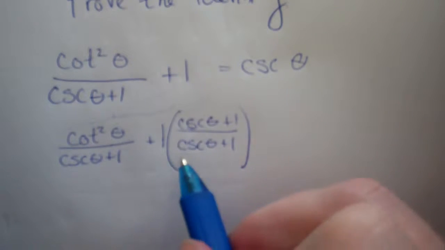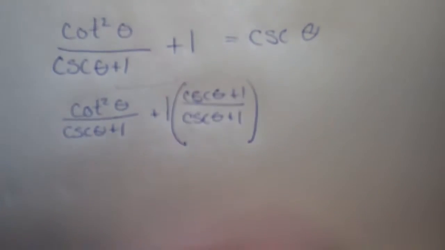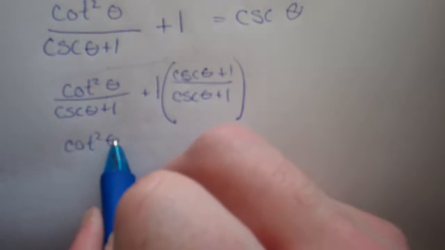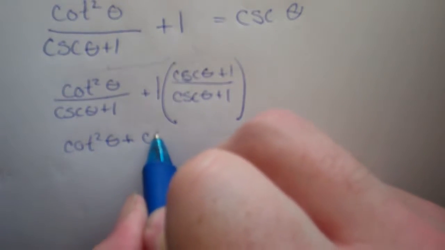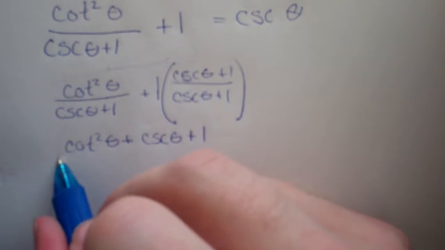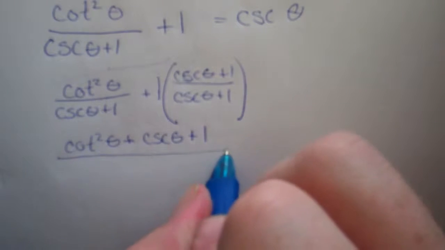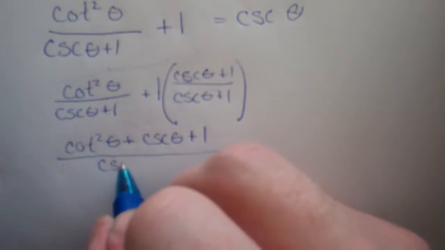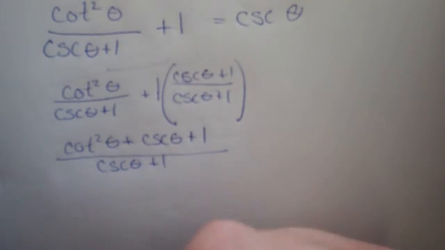Of course, 1 times this is exactly what we see here. So this is going to become the cotangent squared theta plus cosecant of theta plus 1. And this is all over the common denominator. The common denominator is cosecant of theta plus 1.